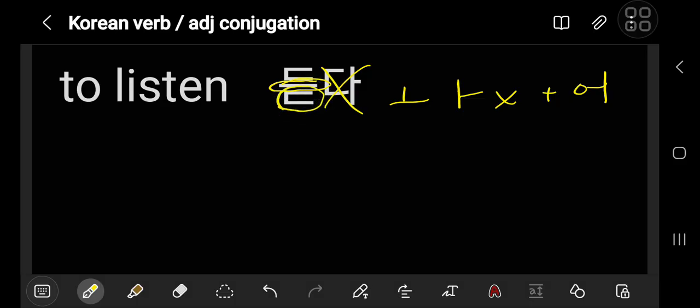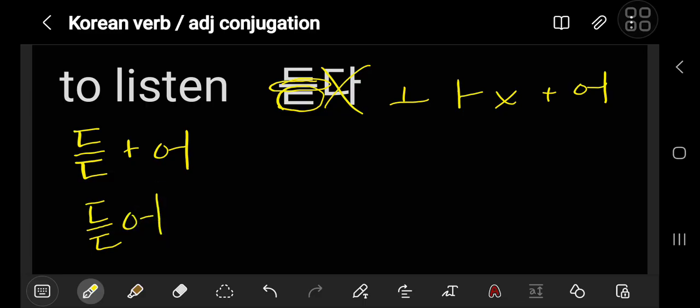This bottom digut will change. We'll see that. So first, let's look at it if it were regular. So we have t plus O. So technically, it should be 뜨도, and then for formality, yo, 뜨도요. But this is irregular, so we don't have this. Let's see what happens for the irregularity.